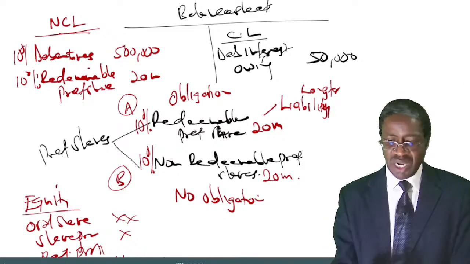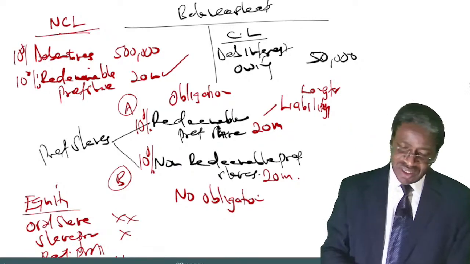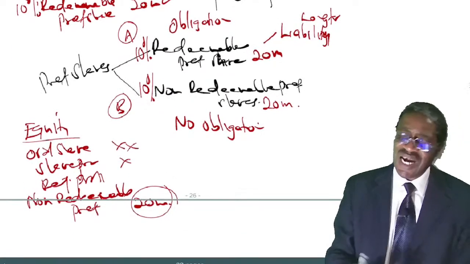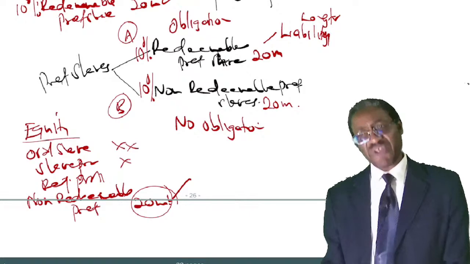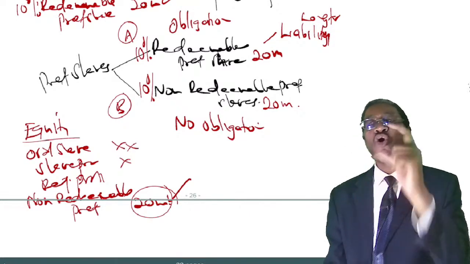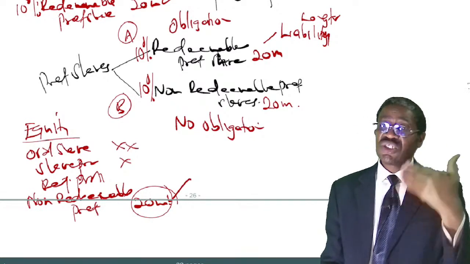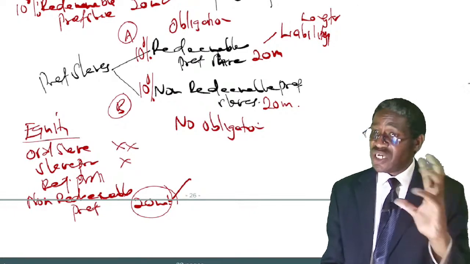Take it as a long-term liability. Are you there? Good. If your company has a non-redeemable preference share, take it to the balance sheet as a component of equity among the share capital, share premium, general reserves, and so on.